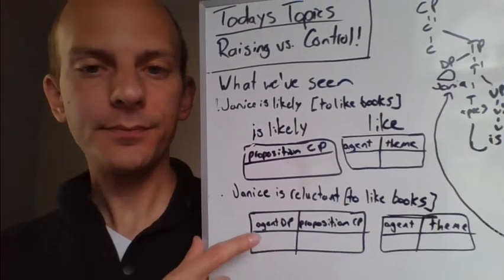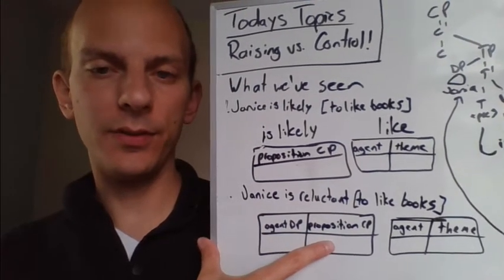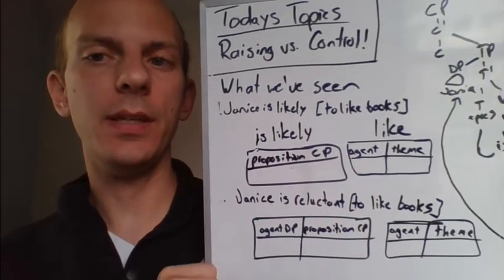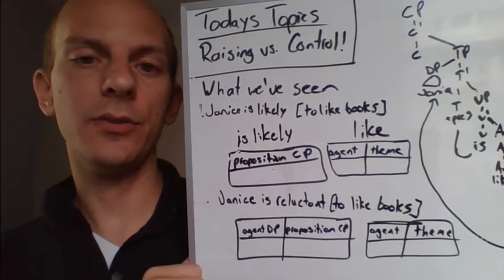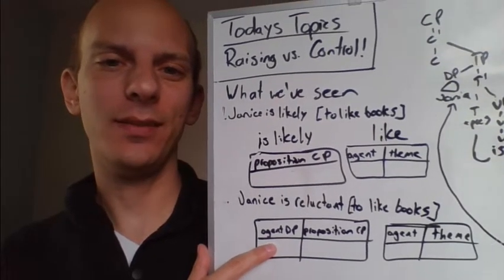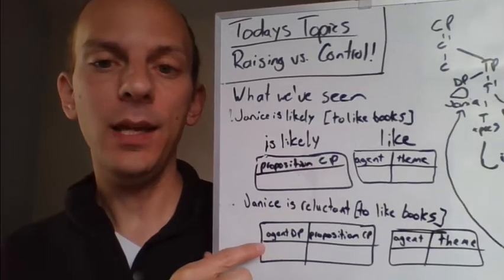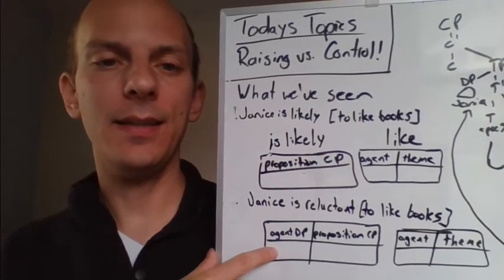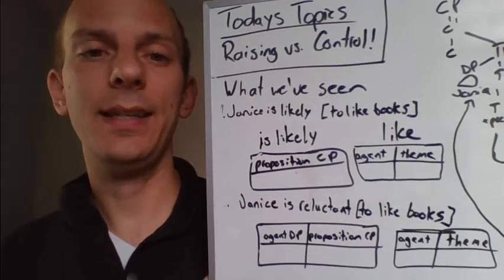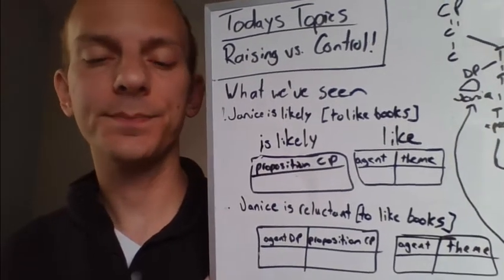Reluctant still takes a proposition CP, just like is likely did, in this case Janus to like books, but it also takes an agent. Unlike is likely, is reluctant gives an agent theta role to something. It has that slot to give.